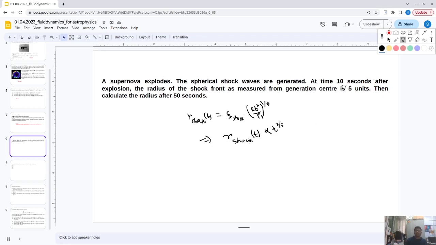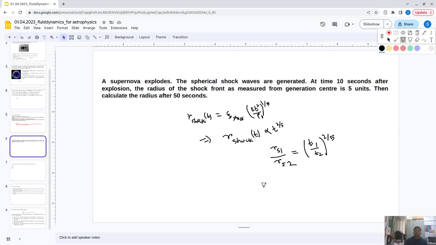Now let us look at what the question is suggesting. Let's say R1 by R2 will be equal to T1 by T2 to the power 2 by 5, right?